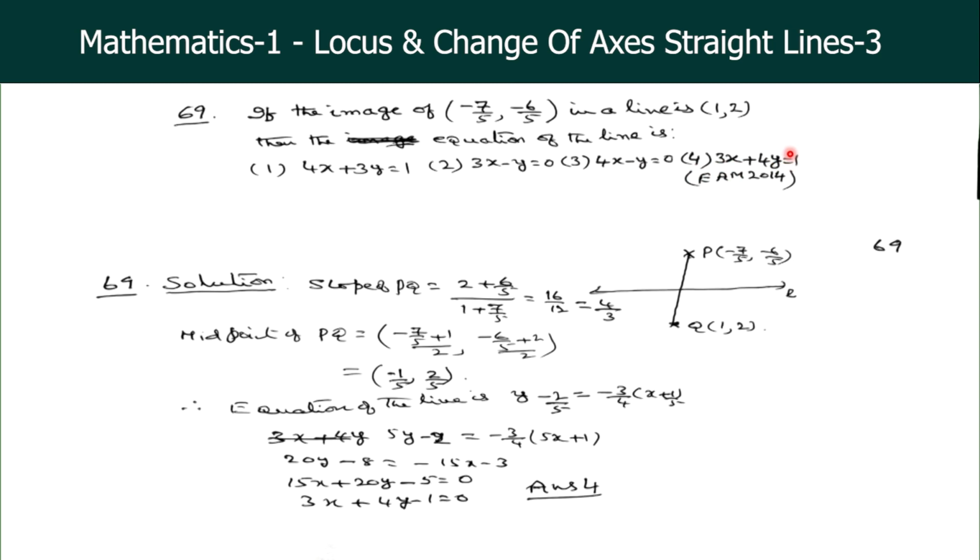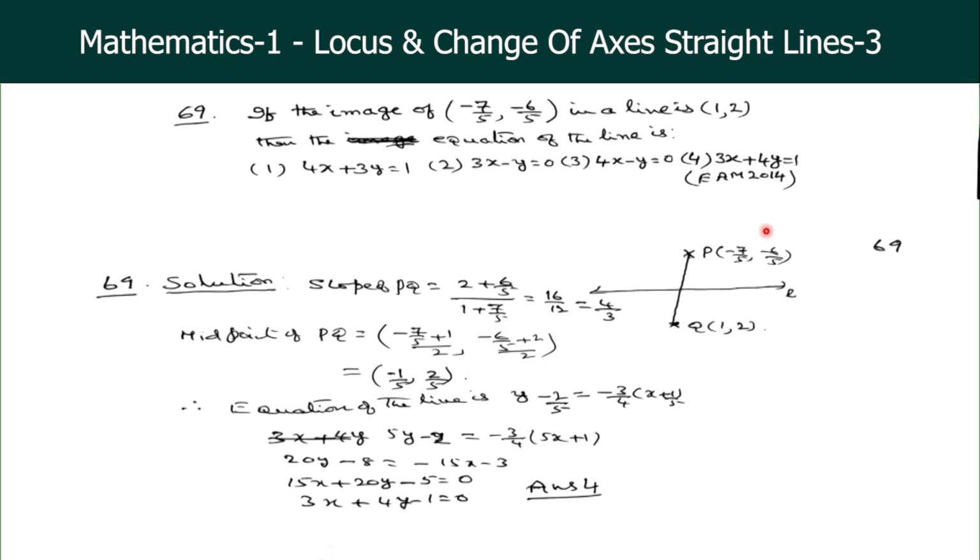This is EAPCET 2014. Suppose the line is L, and the image of P in the given line is Q(1, 2). P and Q are images of each other through the line L. We want the equation of the line L.